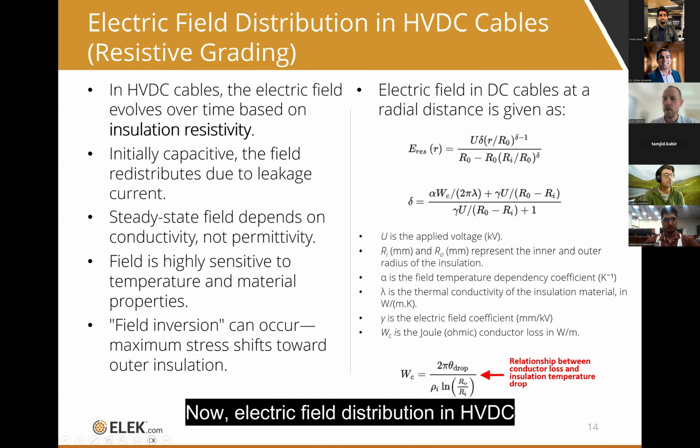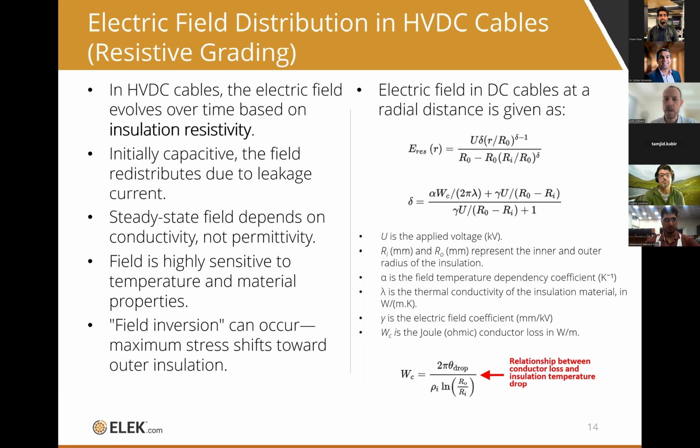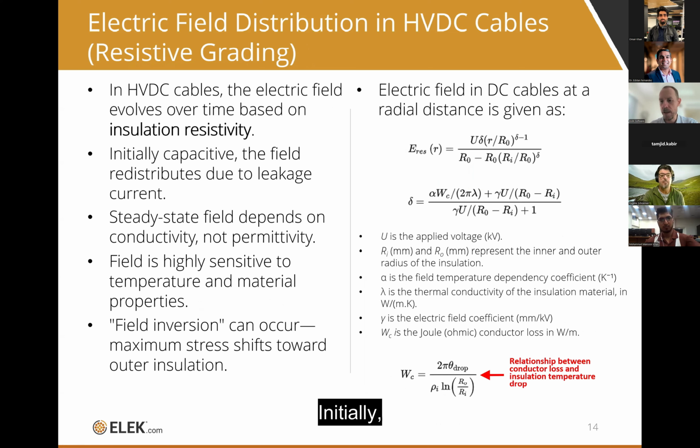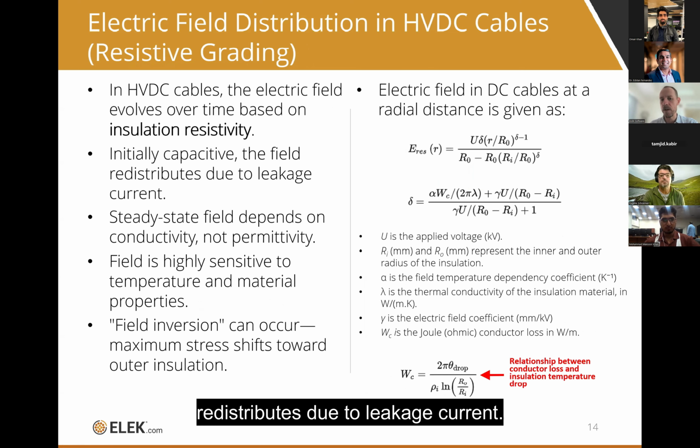Now, electric field distribution in HVDC cables is referred to as resistive grading. And as you can tell by the equations, it's quite a bit more complicated. In HVDC cables, the electric field evolves over time based on insulation resistivity. Initially, it's capacitive, and the field redistributes due to leakage current.